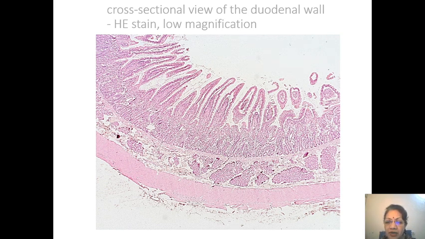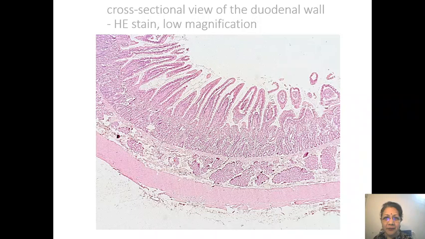Then you have the muscularis, and then you have a submucosa, and you have another bunch of glands here. Whole lot of secretory mechanisms here. And this is a feature which differentiates duodenum from the other two parts of the small intestine. These are called the Brunner's glands, submucosal, mucus secreting glands, not only mucin but also bicarbonate ions. That is the important thing.